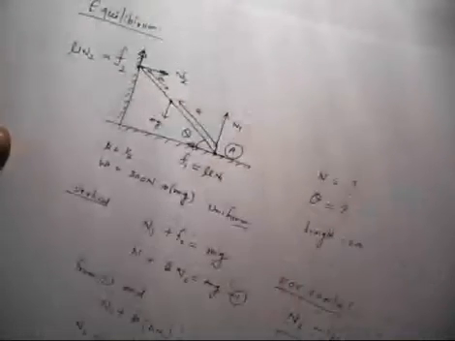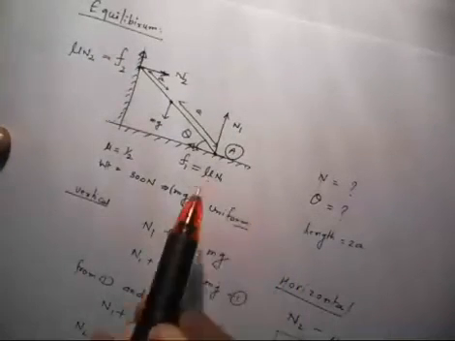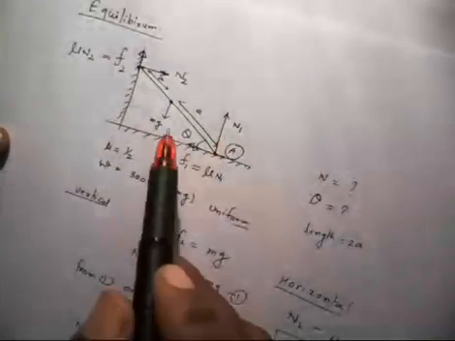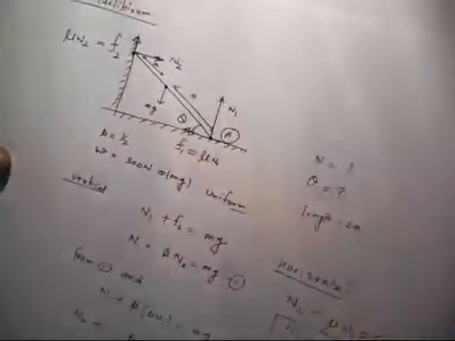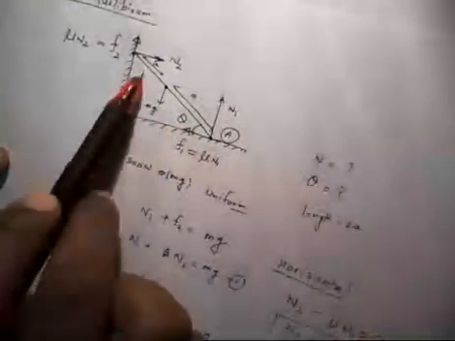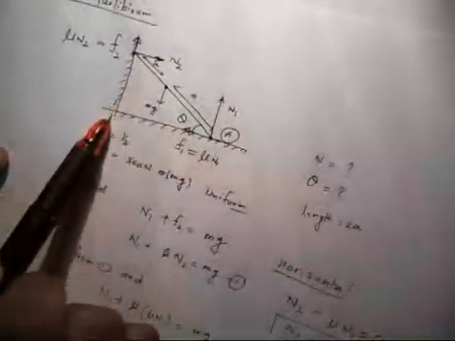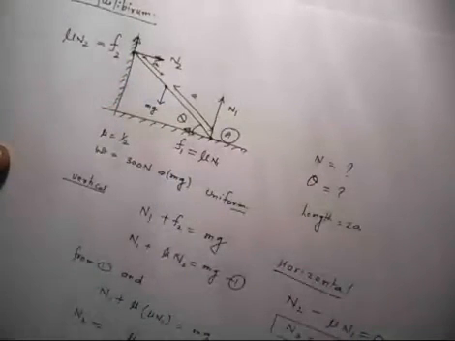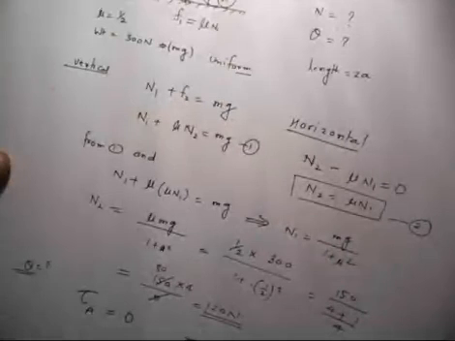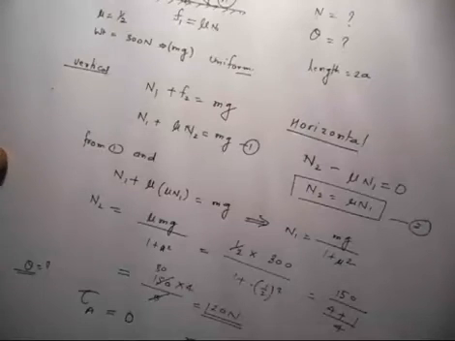Now this torque is basically acting in this direction, because there is a tendency to go in this direction. Now N2 is in this direction, and this length is 2a sin theta. So minus N2 into 2a sin theta, and this is in this direction, so we have given the minus sign.